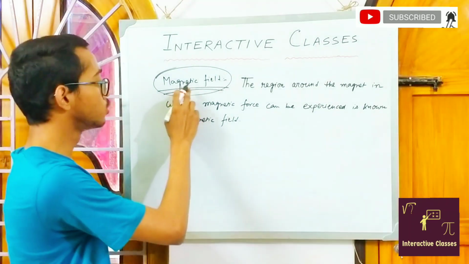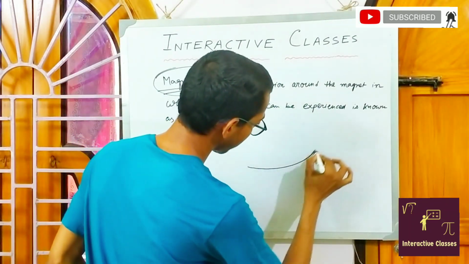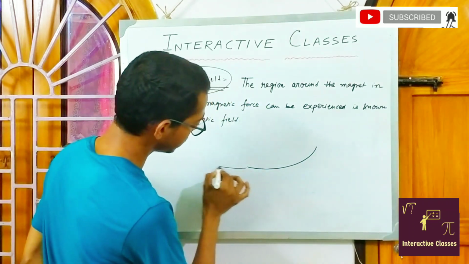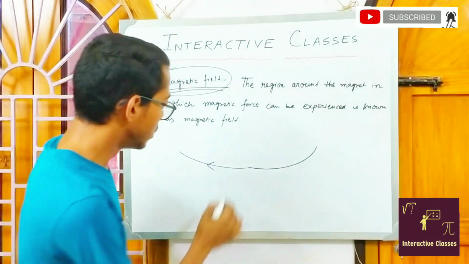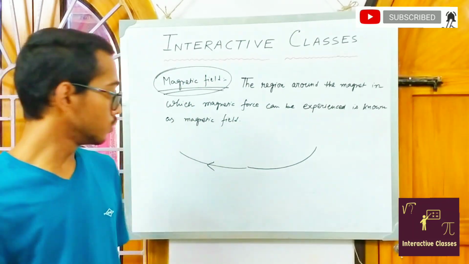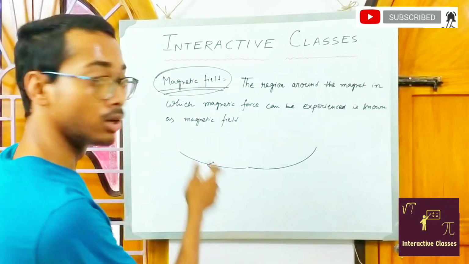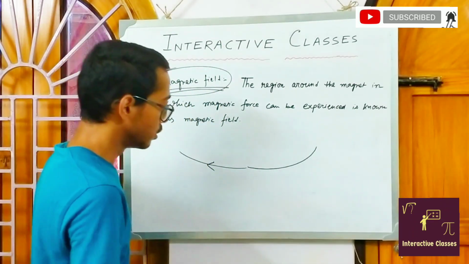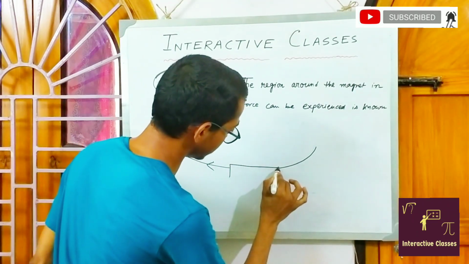So to represent magnetic field, we bring in the scenario magnetic field lines. Like in the electrical components, we have dealt with circuit diagrams or circuit symbols. So to represent magnetic field, we represent it through magnetic field lines.